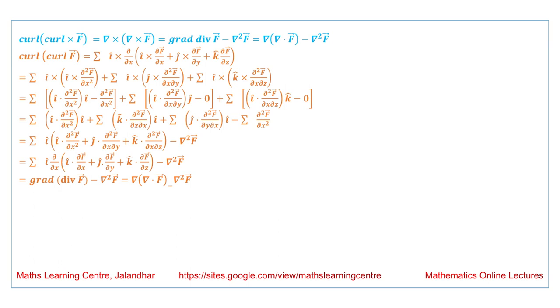Now, next we have to prove that curl of curl of f vector is equal to gradient of divergence of f vector minus del square f vector. So, we start with this.